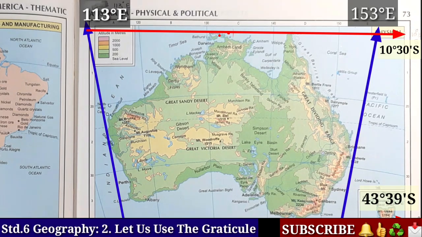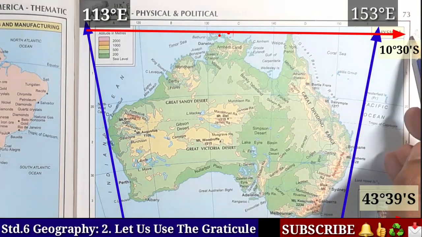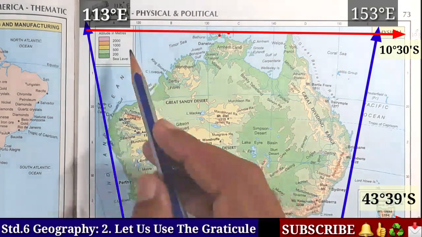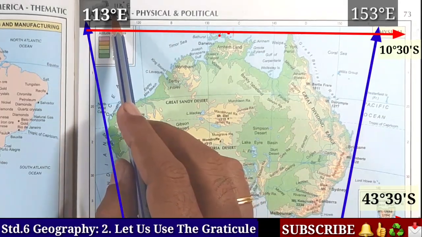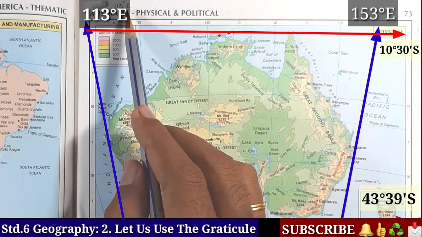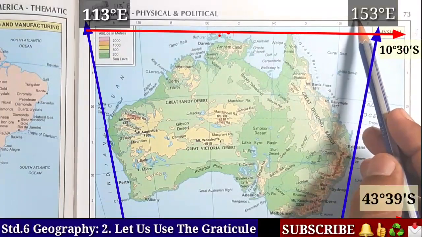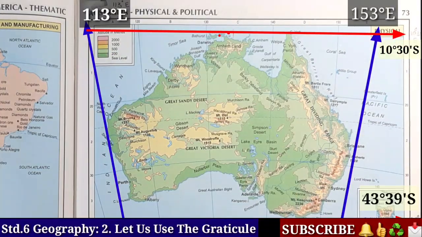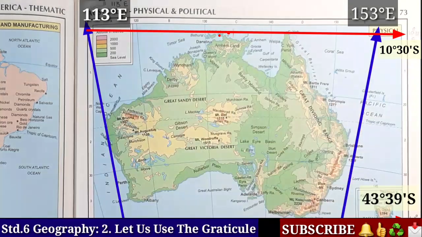Okay students, so in this way, to describe the region of Australia, two latitudes that are 10 degree 30 minute south and 43 degree 39 minute south, and two longitudes that are 113 degree east and 153 degree east are used to describe the region of Australia.